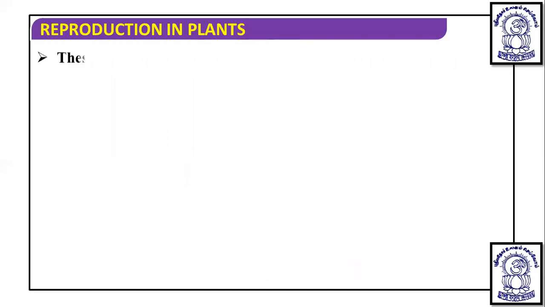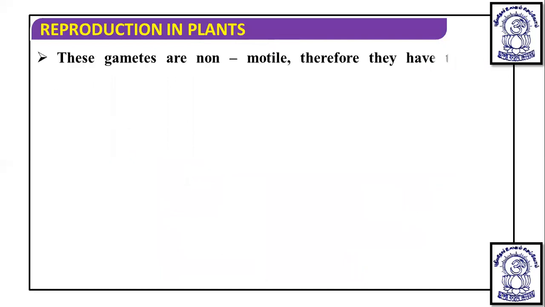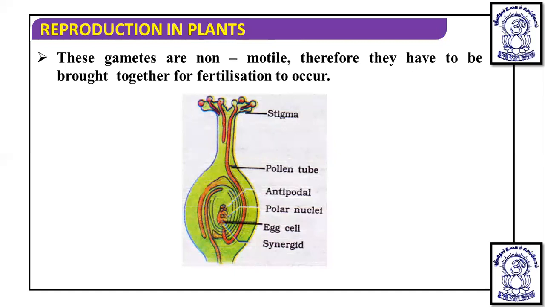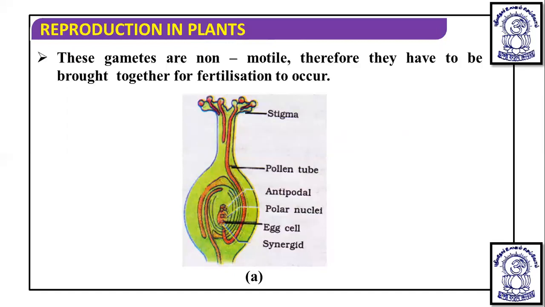But before that, there is a need for pollen grain movement. Now, why is this required? These gametes are non-motile. Dear students, we remember that in angiosperms, in any flowering plant, male and female gametes are non-motile. To bring them together, pollination will occur, and you can see that after pollination, the pollen tube will develop.